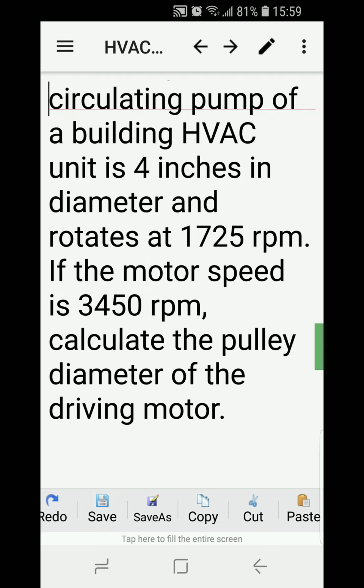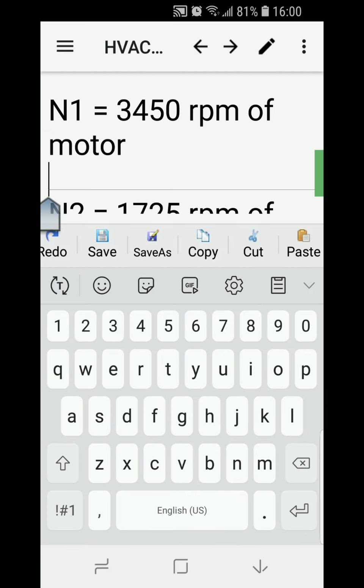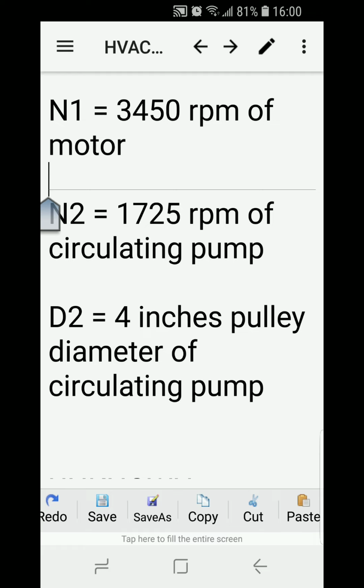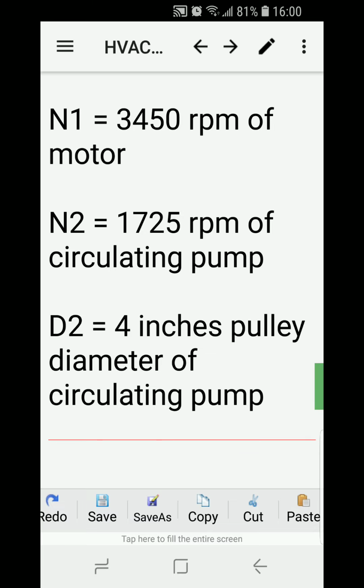So here, analyze the given. The driving motor spins at really fast RPM at 3,450, and the circulating pump RPM is 1725 with a 4-inch diameter pulley of the circulating pump.